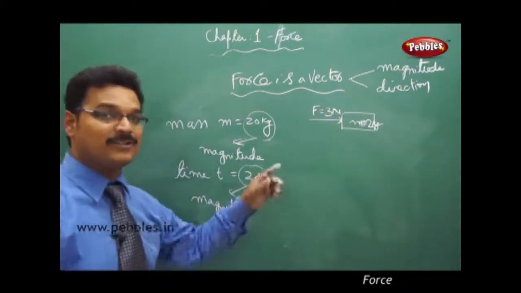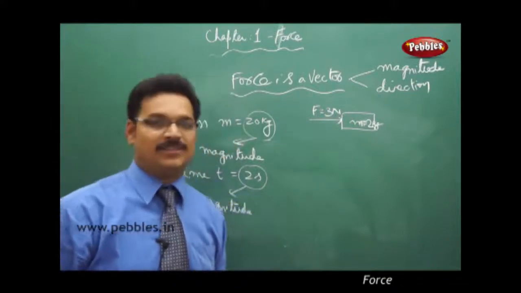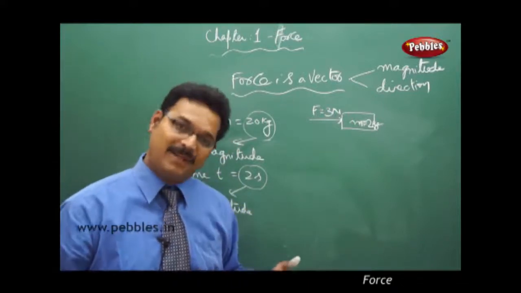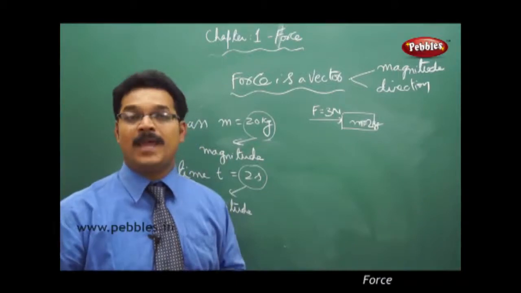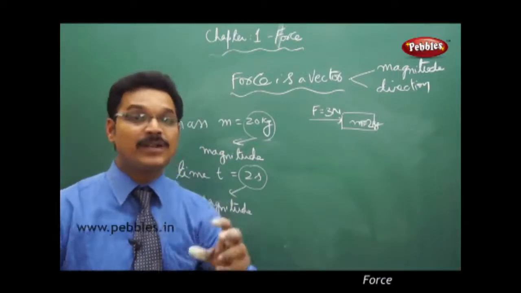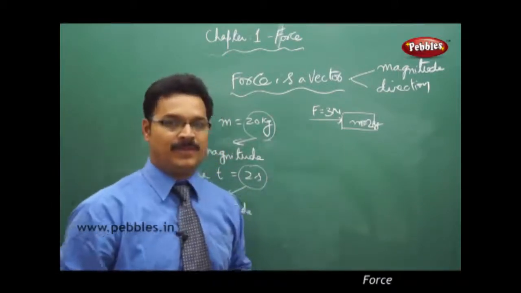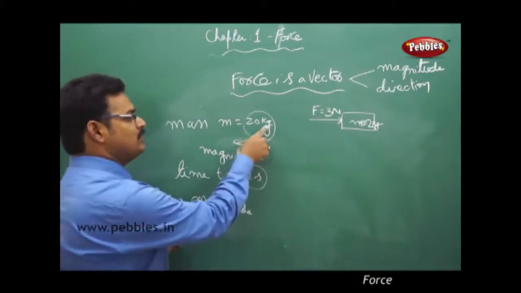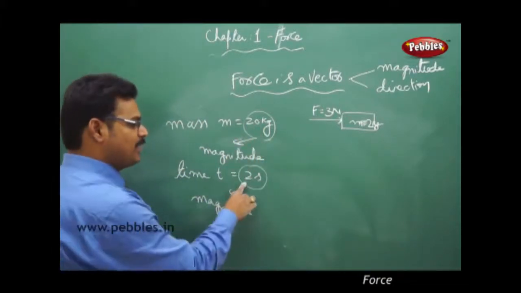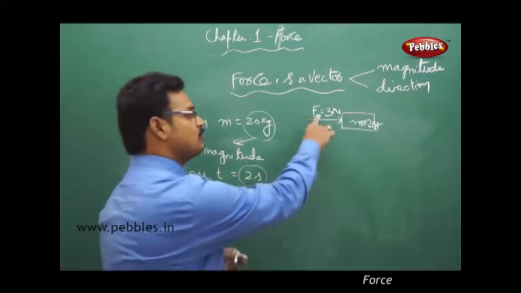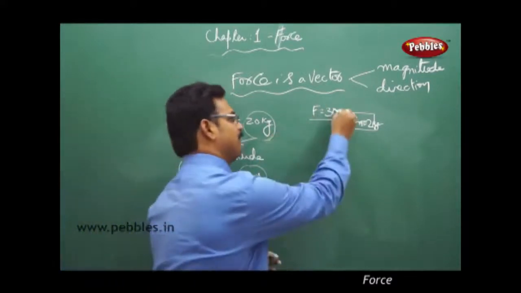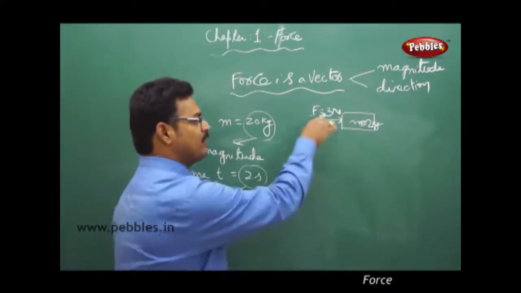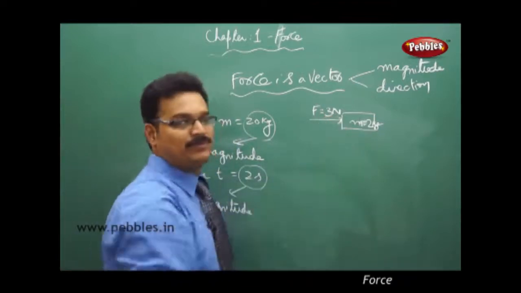See, a new word I introduced, Newton. What is Newton? Newton is the name of a famous scientist, and his name is taken as the unit for force. Just as the mass unit is kg and the time unit is seconds, the force unit is Newton, capital N. So when I say 3 Newton, 3 becomes the magnitude.